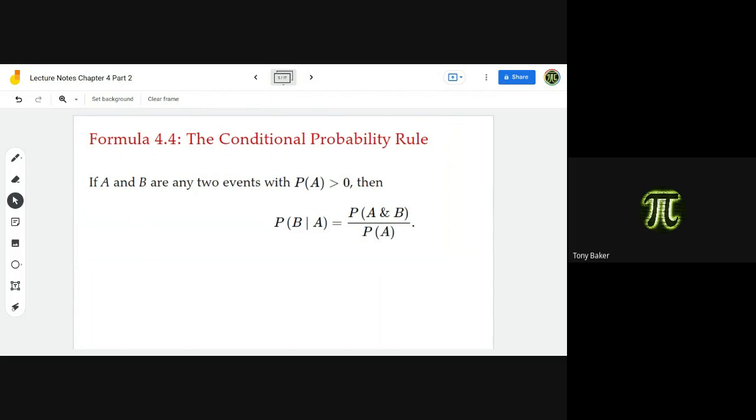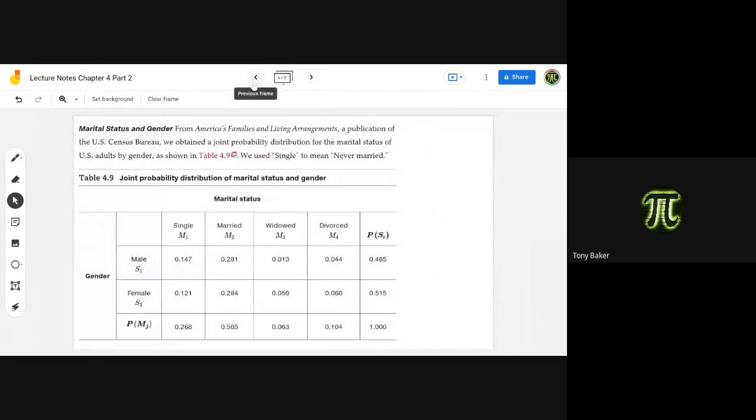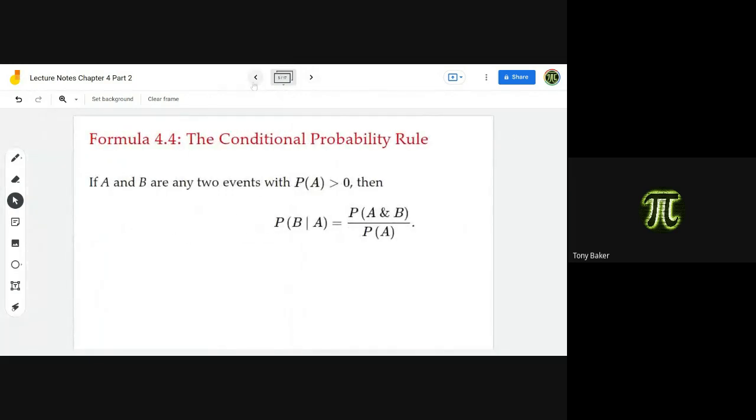It's the probability of A and B, the probability of them both happening, divided by the probability of B. That's what I was saying when we were looking at the table with all the percentages. It's a percentage of both happening in that box, divided by the percentage of that total column or row, depending on the way we're looking at it. So you still would divide those percentages or probabilities.